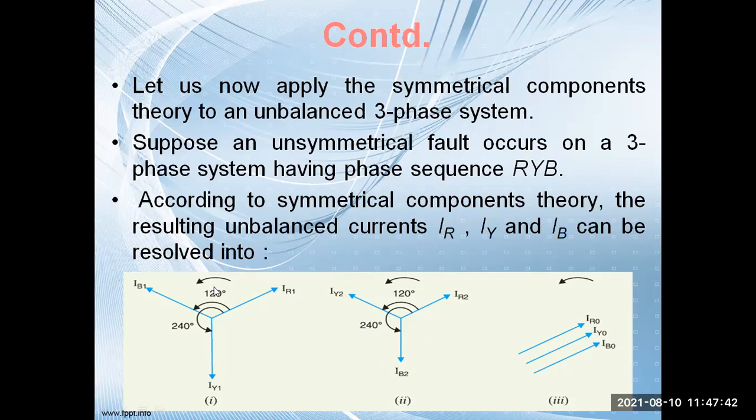But what is the difference between this and this? Here the phasor rotation is in the anti-clockwise direction. You see R to Y, then Y to B, and B to R. So the phasor is rotating in the anti-clockwise direction, whereas in the positive sequence current, the phasor is rotating in the clockwise direction.